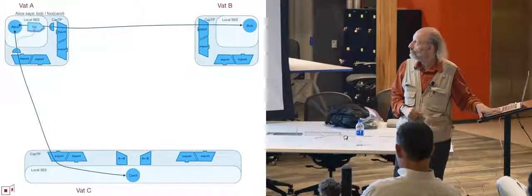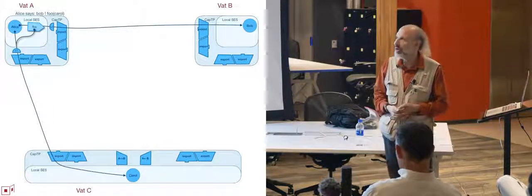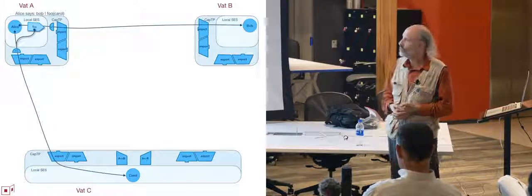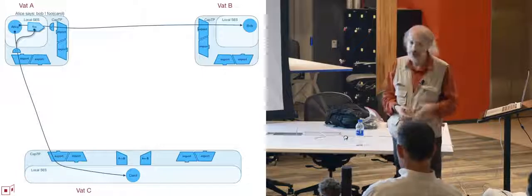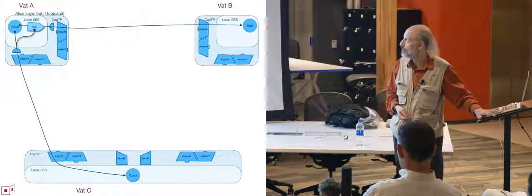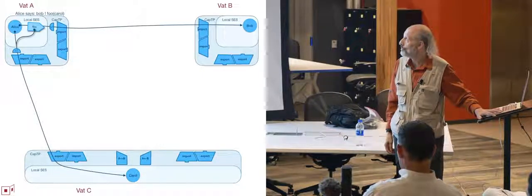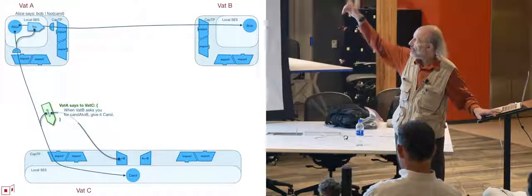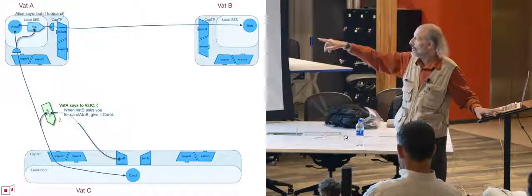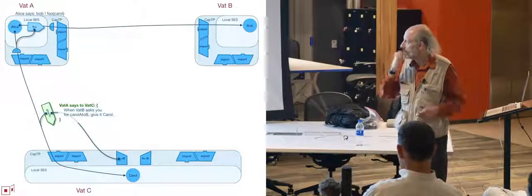So when Alice sends that message to Bob, what she's really doing at the object level is sending it to a local proxy for Bob that has to serialize the message. The first step of that serialization is that VAT A sends to VAT C a give-to message.